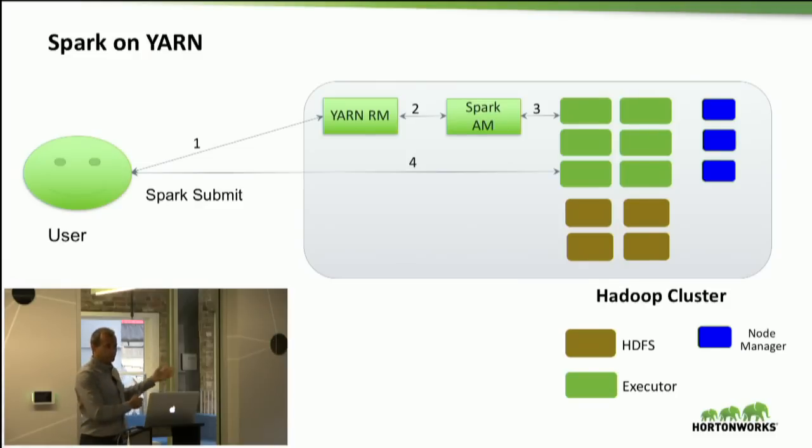Assuming all that is true, it launches a container inside a Yarn container, and this is a special container called the Spark Application Master. Then, depending on the number of executors requested, those executors are launched. So that's the anatomy of what typically happens when you launch a Spark job.